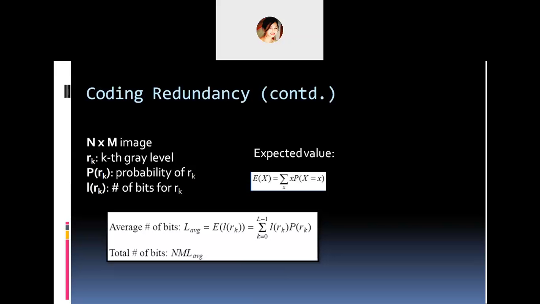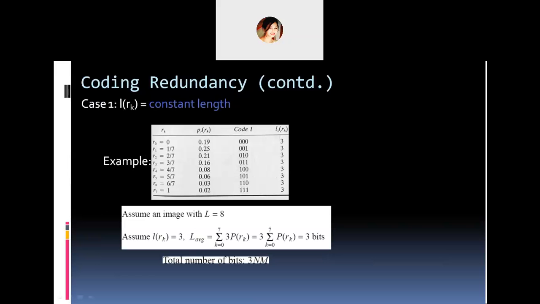And we already know how to solve probability. And this is l of rk, that is the number of bits for rk, and this is the expected value. So you'll get a lot of terms and equations in this subject, okay? You don't have to remember everything. I'll tell you the most important ones you have to remember, okay?